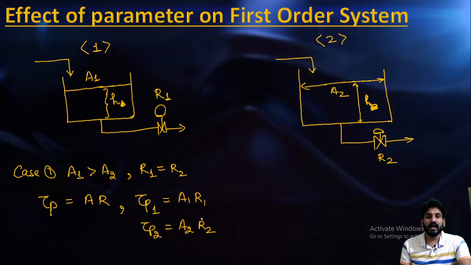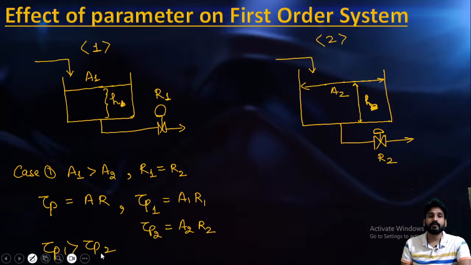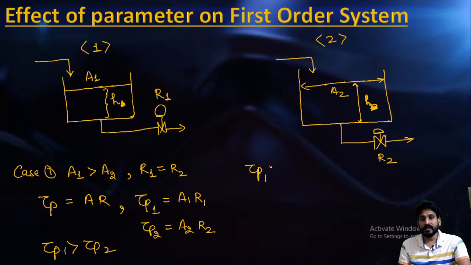Because R1 and R2 are the same, the product value depends upon the A1 and A2 values. If A1 is greater than A2, then for sure I can say that my tau p1 is greater than tau p2. Yes or no? It means the time constant for tank 1 or system 1 is greater than the time constant for tank 2.